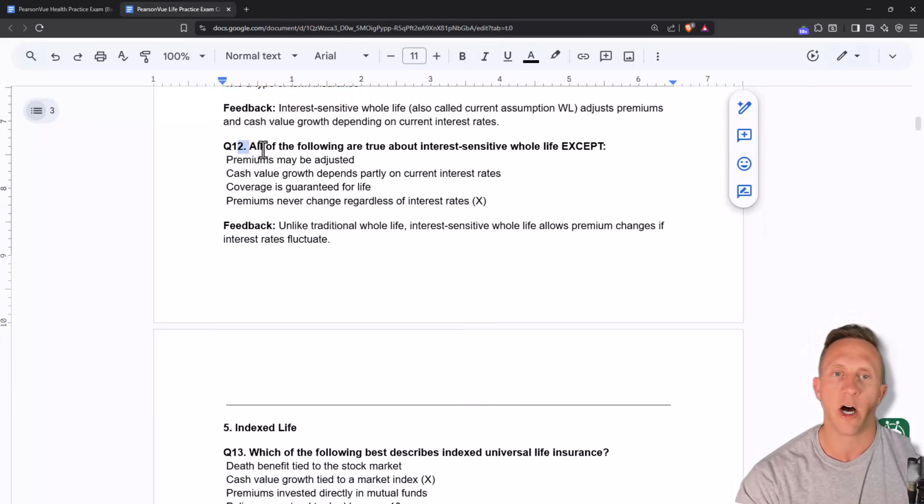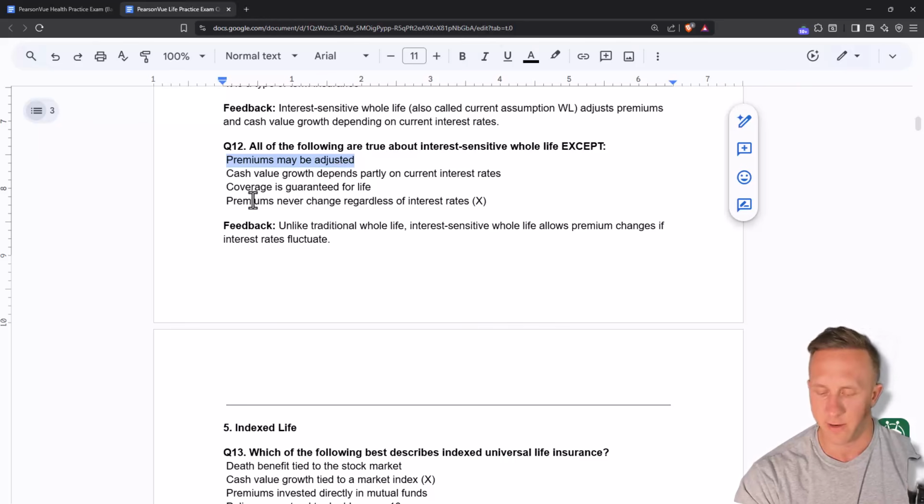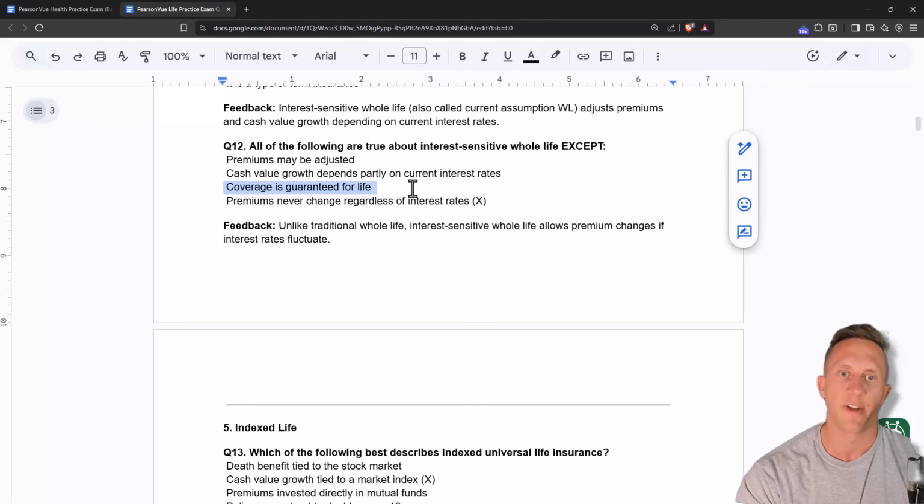Okay. All of the following are true about interest-sensitive whole life except premiums may be adjusted. So there's another one, except. Which of these are not true about interest-sensitive whole life? Premiums may be adjusted. Cash value growth depends partly on current interest rates. Coverage is guaranteed for life. Or premiums never change regardless of interest rates.